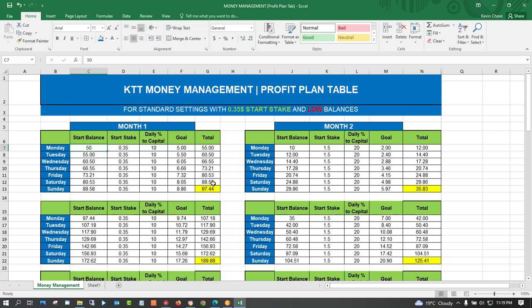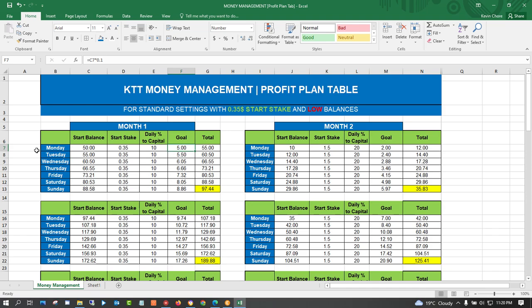So if you start with $50 and you stake 0.35 and you opt for a 10% daily capital, your goal, 10% of this, will be 5. So your total will be $55, right? Because you've made $5 for day 1.